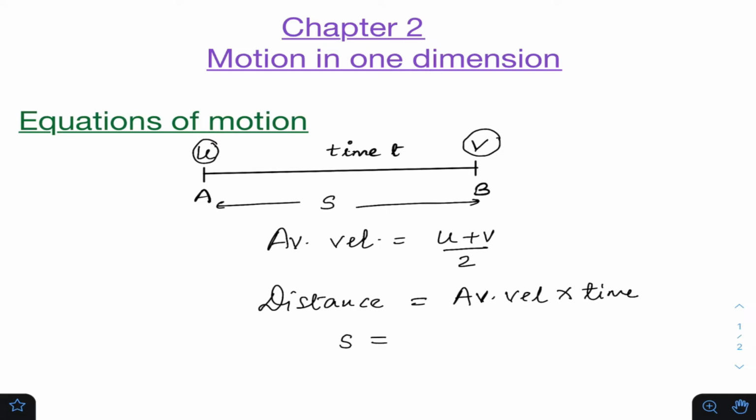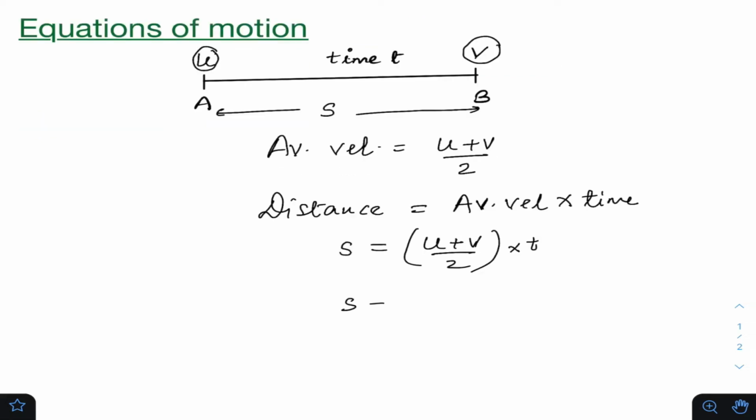Now average velocity is u plus v over 2, and what is the time? t is the time. Now what is the value of v here? Put the value of v from the first equation: v equals u plus at, over 2 into time t.